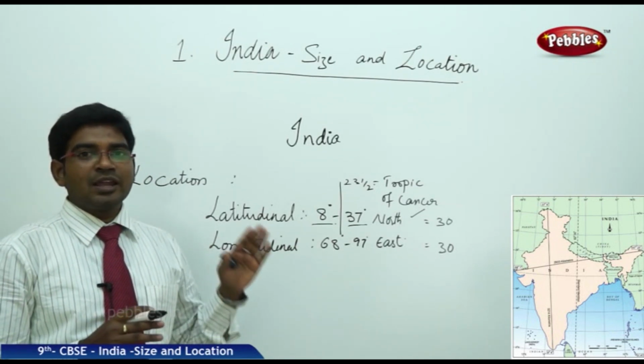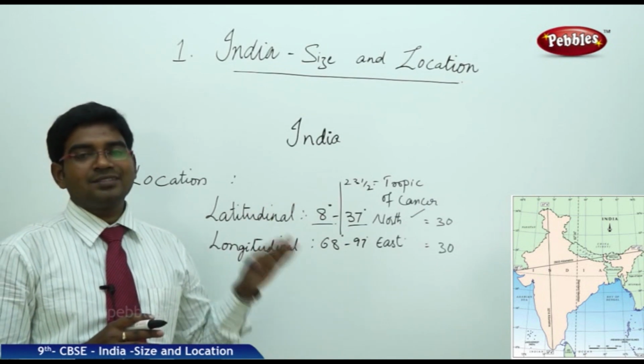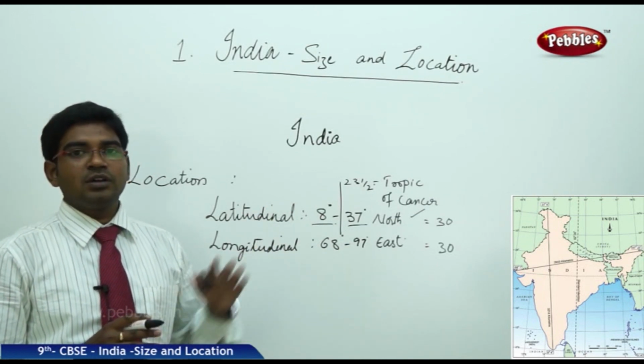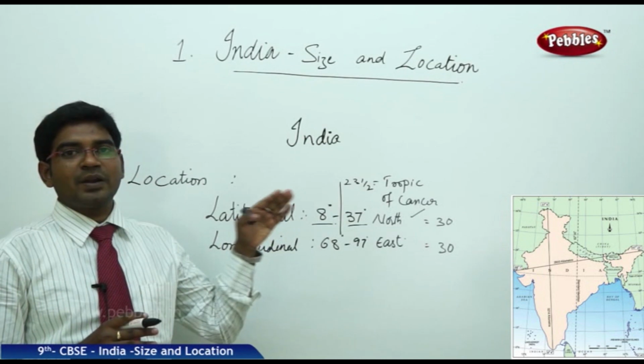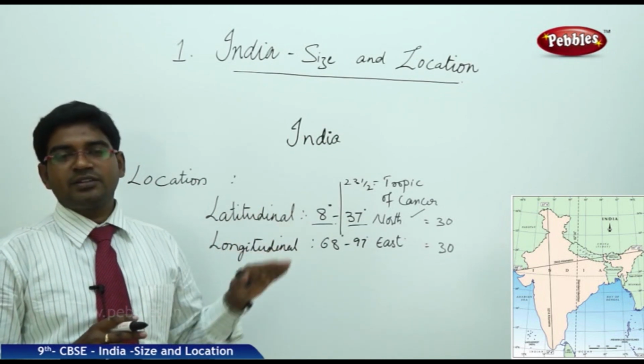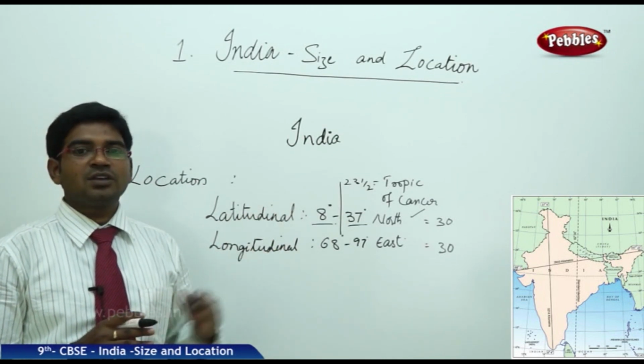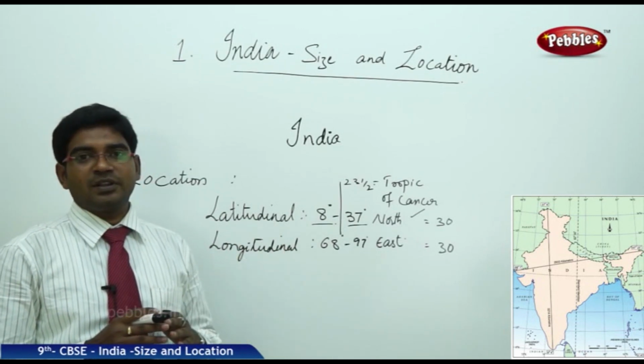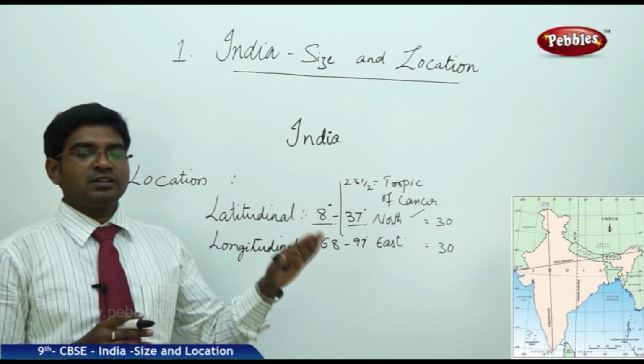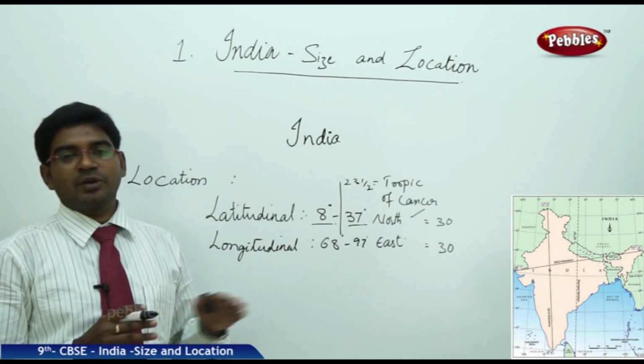So the climate is a little less hot when compared to the southern region. The northern part doesn't experience very hot temperatures, whereas the southern part experiences some of the hottest dry days during the summer.